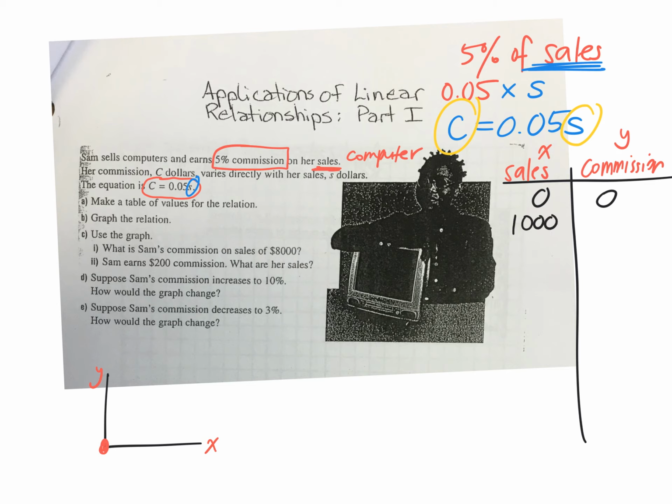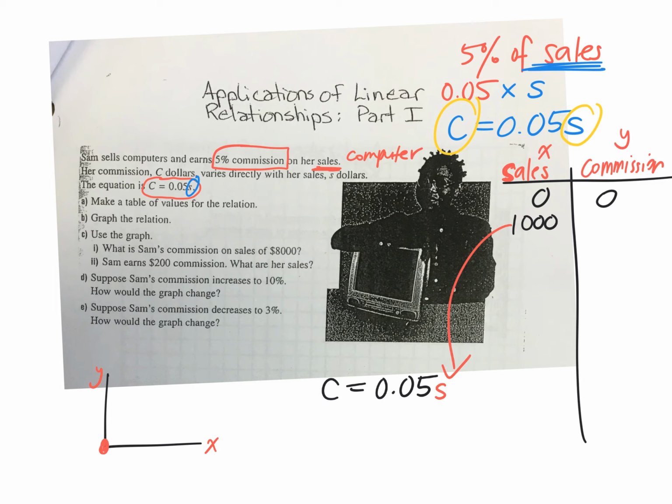If she sells $1,000 worth of computers, I'll do the first one with you, then you can fill in the rest. We're going to calculate the commission. So we're going to use this formula, and we're going to plug in the sales each time, right? We get 5% of the sales.